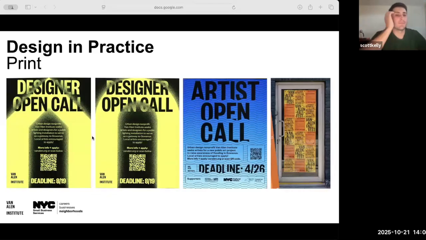Yeah, so I think it's important that print doesn't become an afterthought when you're developing a new design system, and the primacy of print versus digital will be determined by what kind of audiences you're trying to reach. It's important to keep in mind that certain people are going to be reached more effectively on one platform versus another, and that if print is something that needs to be a component, then that informs the design.